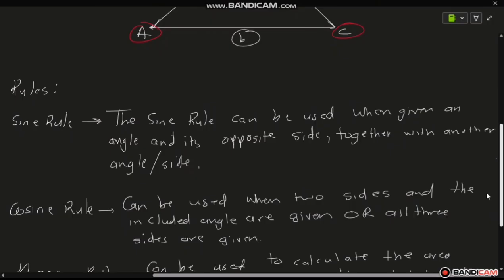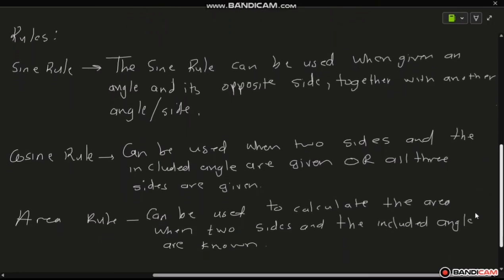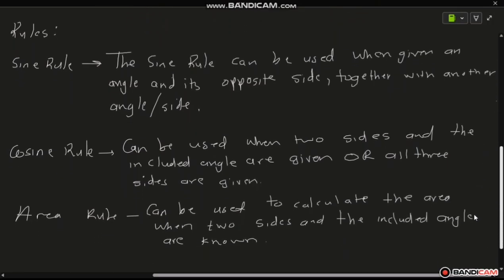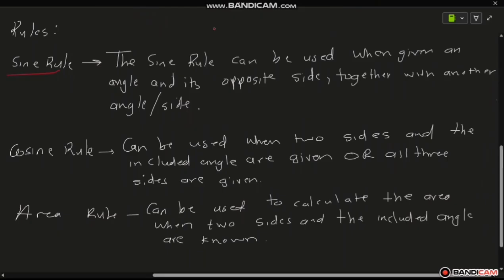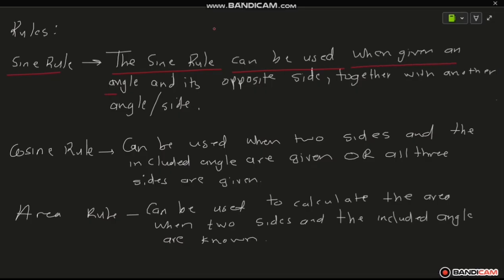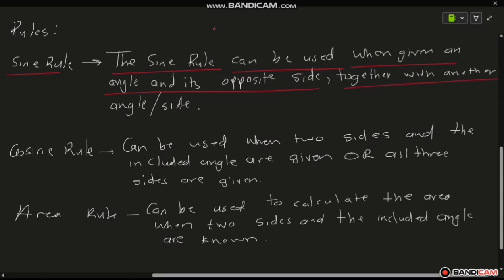Okay, let's try to explain the rules. Make sure that you write them down, pause the video. Now the sine rule can be used when given an angle and its opposite side together with another angle or side.